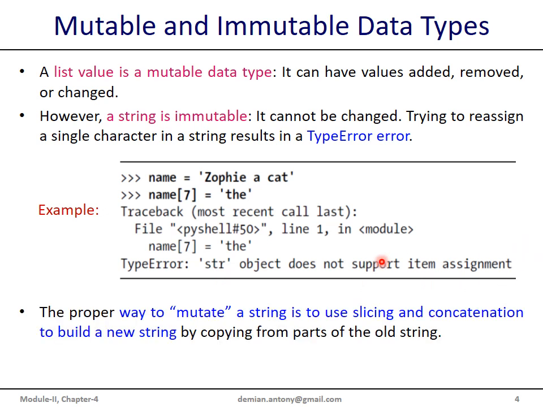One proper way to mutate the string is to extract the specific portion of a string with slice, and then you can concatenate that slice with the specific string to build a new string, so that you can use that newly built string for further processing.